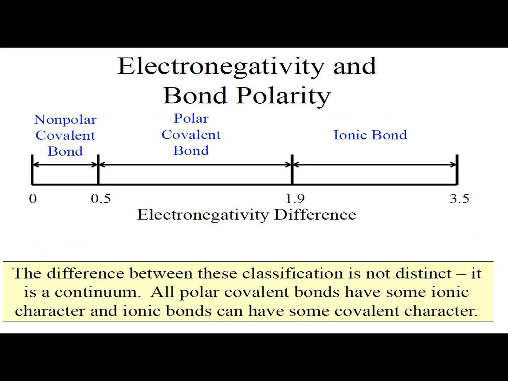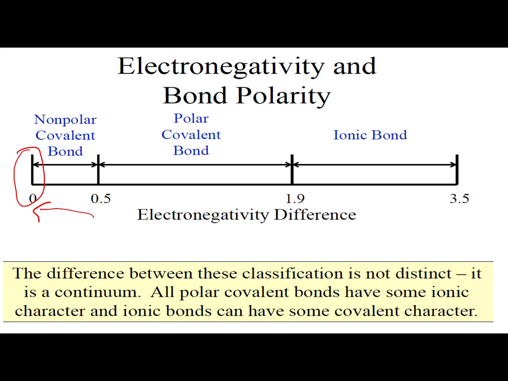It's generally thought that if the difference is 0, then the bond is completely covalent. Most chemists still consider a bond to be covalent when the electronegativity difference is 0.5 or less. So that's the generally accepted range of being nonpolar covalent.